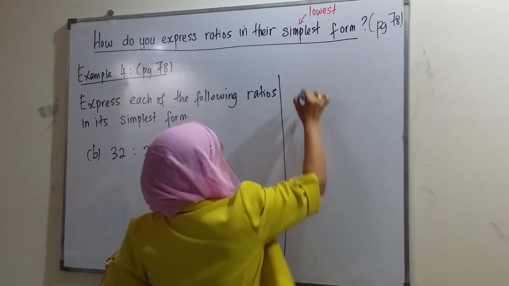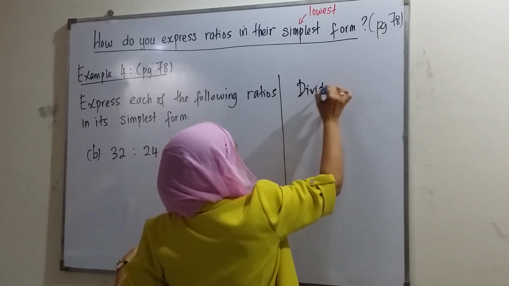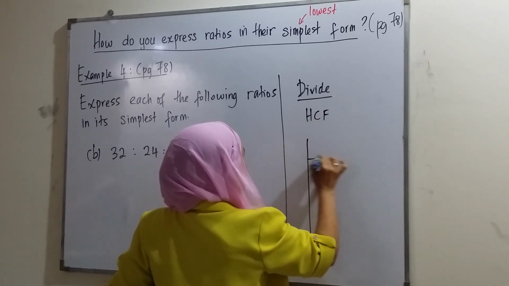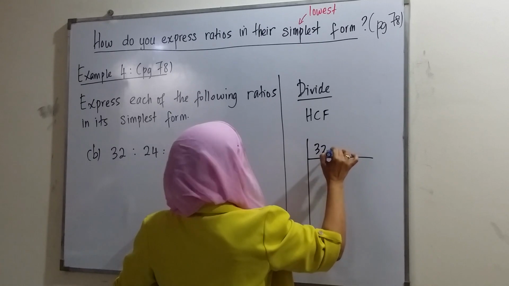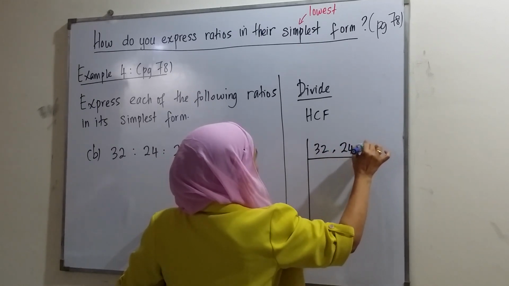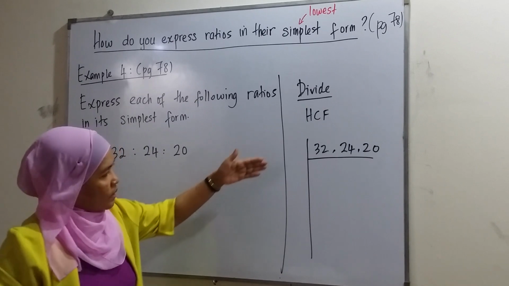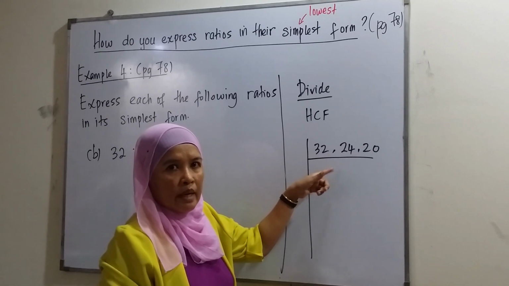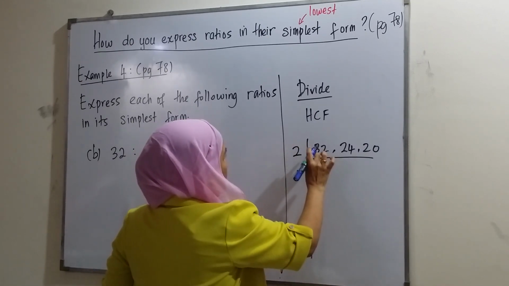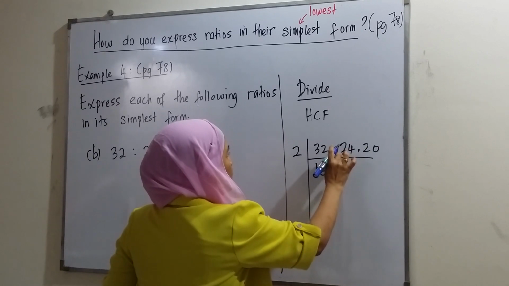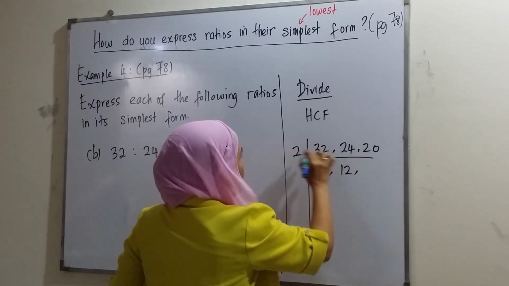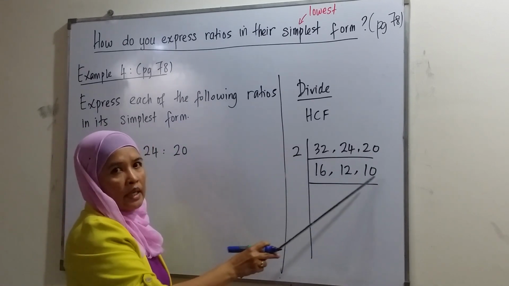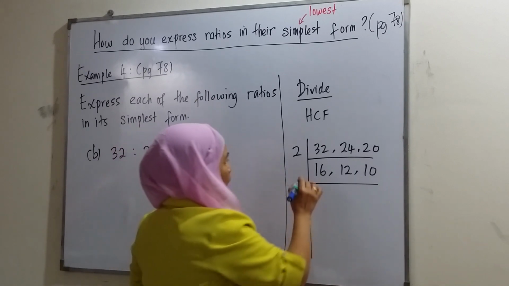When divide, we have to find the highest common factor for 32, 24, 20. So we use a prime number. We start with the smallest prime number, which is 2. 32 divided by 2 is 16. 24 divided by 2, 12. 20 divided by 2, 10. Okay, check. All three are even numbers, so better divide by 2.